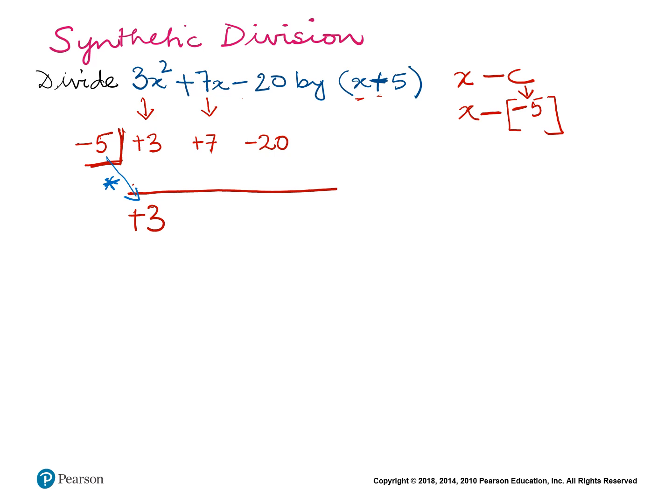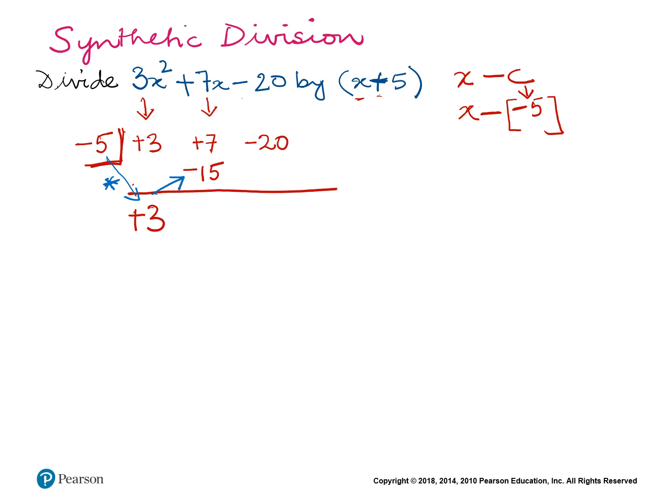So I'm going to write minus 15 under the second term. The coefficient of the second term was plus 7. The result of multiplying minus 5 with plus 3 has to be placed under the second term, minus 15.